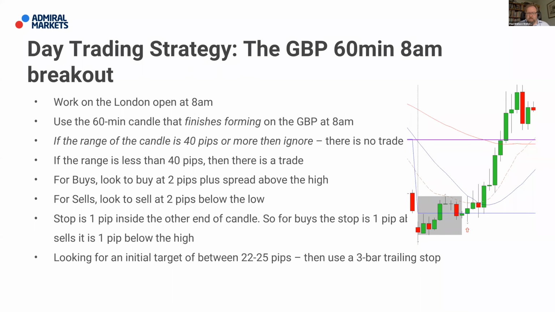If the range is less than 40 pips, look to buy at 2 pips plus the spread above the high, and look to sell at 2 pips below the low. The stop is 1 pip inside the other end of the candle. So for the buys, the stop is 1 pip below the low, and for the sells it is 1 pip above the high. You're looking for an initial target of about 22 to 25 pips. Then you can use a 3-bar trailing stop should you wish to run your trades as much as possible.